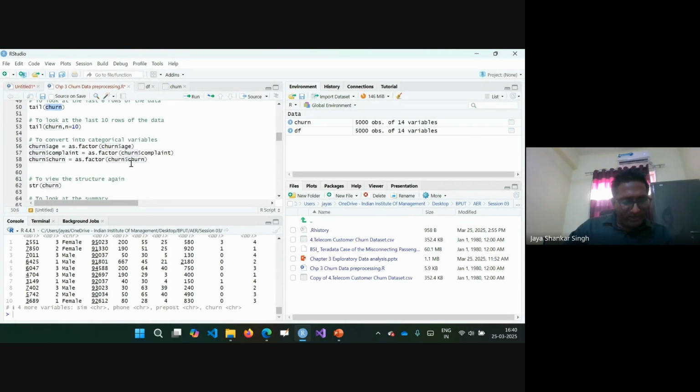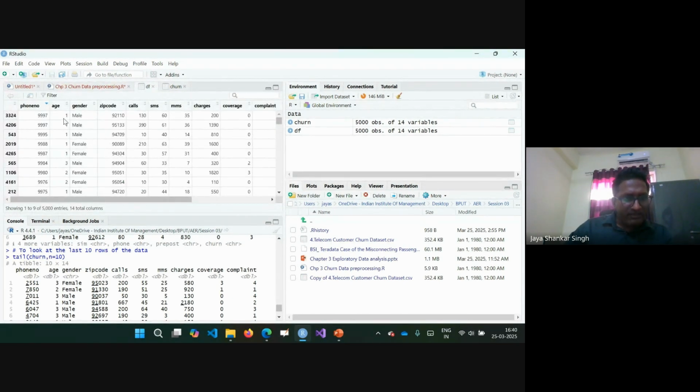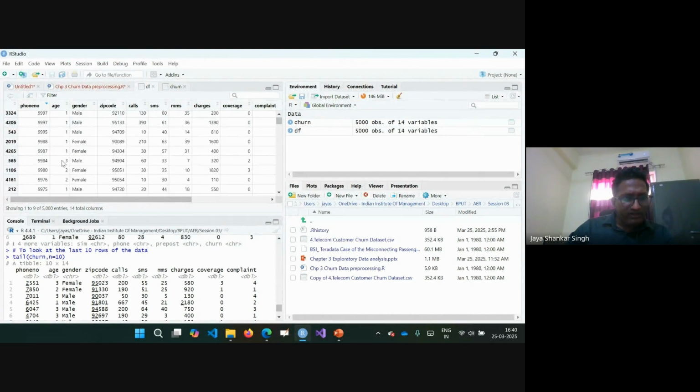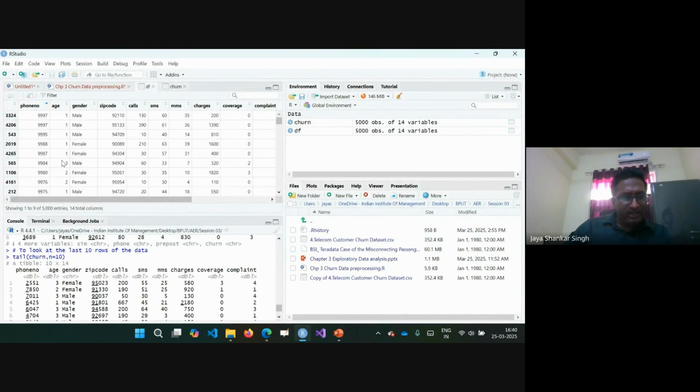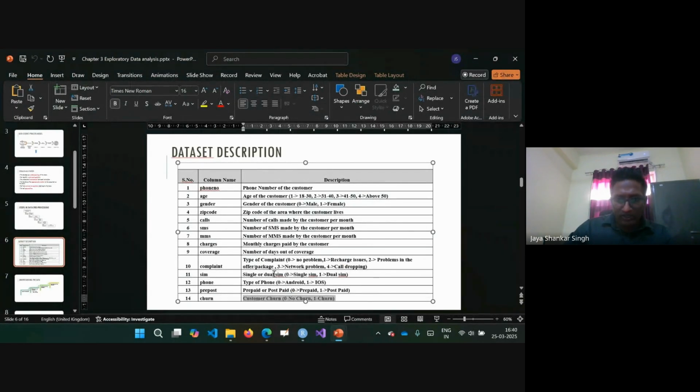Now what we are trying to do here, if we look at the age, complaint, churn, these 3 columns, let's see. In age I have numbers 1, 2, 3, right? But are they continuous variables? What is age representing? When we were looking at this particular data, 1 means 18 to 30 years, 2 means 31 to 40 years.